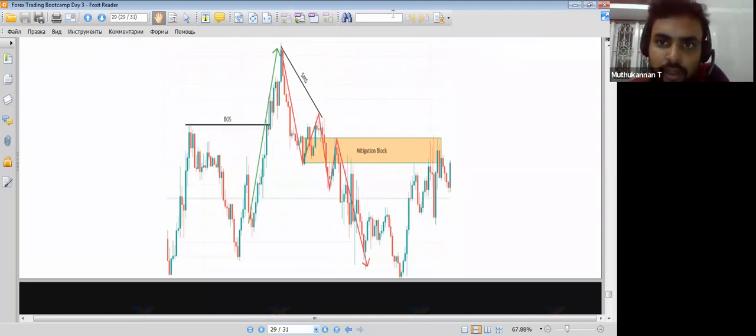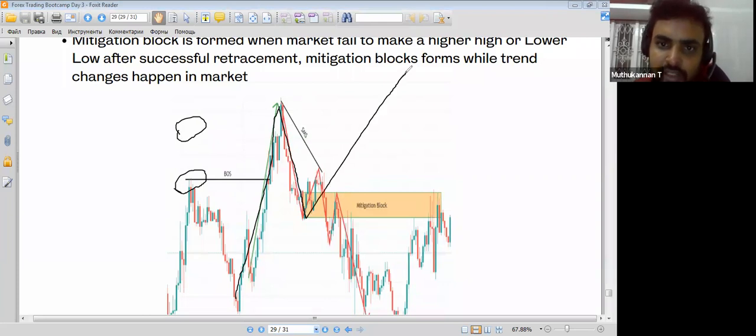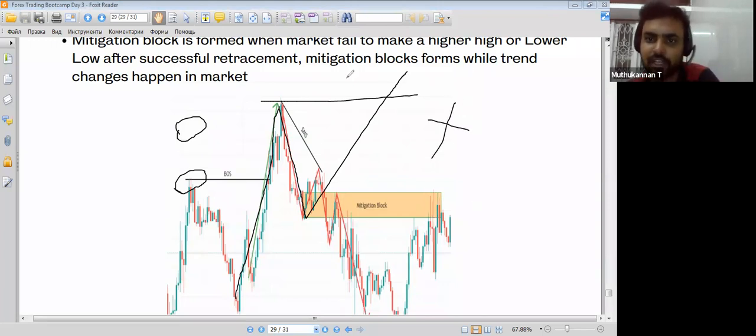After breaking the structure, I told you guys, once any structure is broken, here is the structure broken, market is bullish, right? Then what should have happened? It could have come here, and from there, it should have gone like this. It should have broken one more structure, but it has not happened here.